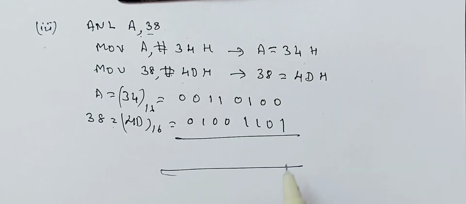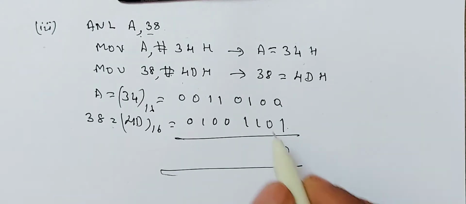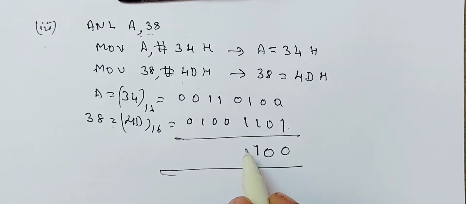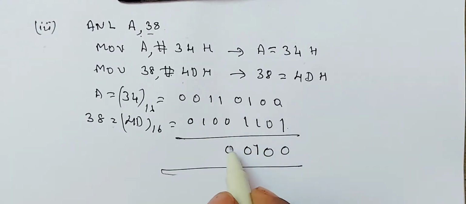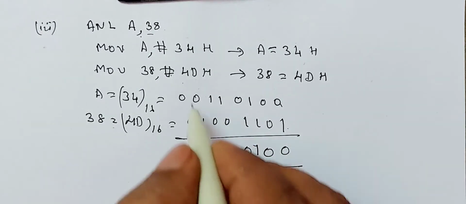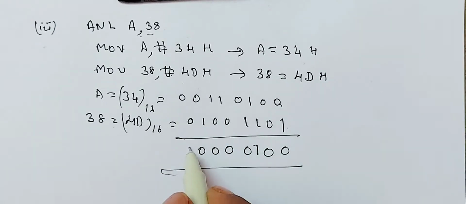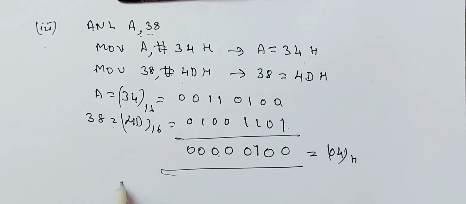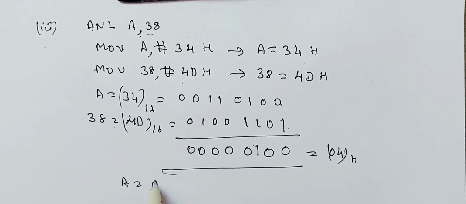Perform AND operation. 1 into 0, 0. 0 into 0, 0. 1 into 1, 1. 0 into 0, 0. 1 into 0, 0. 1 into 0, 0. 0 into 1, 0. 0 into 0, 0. Which is 0 and 4. Now A contains the value 04.